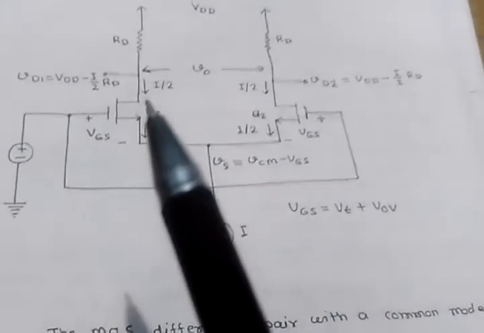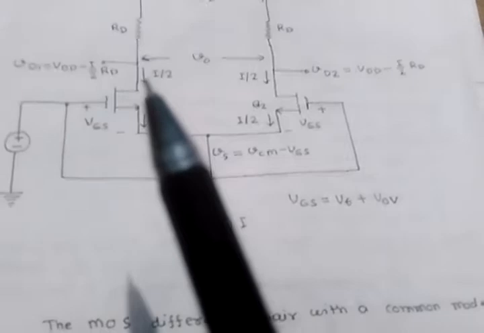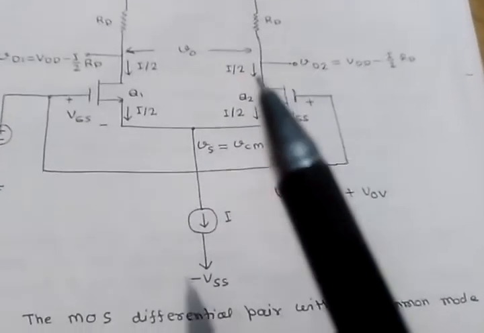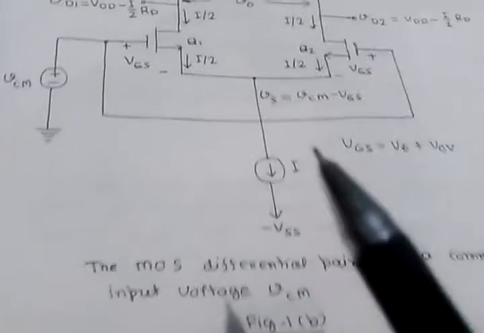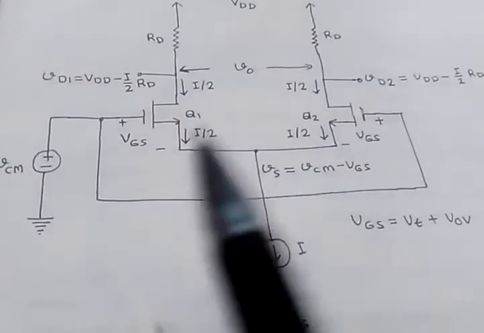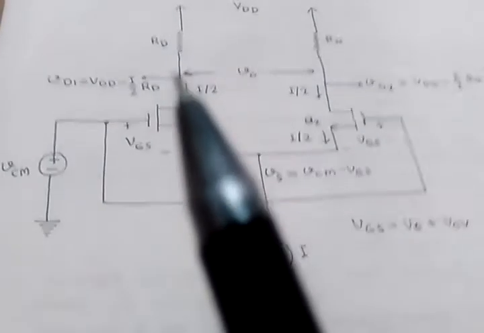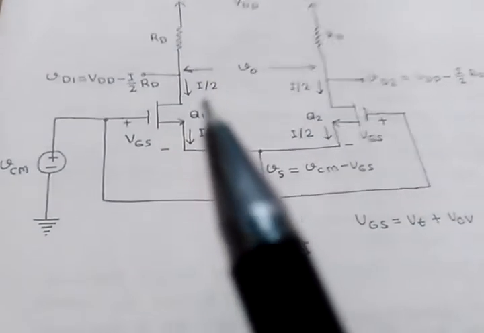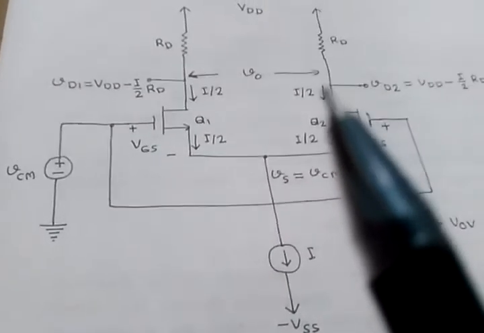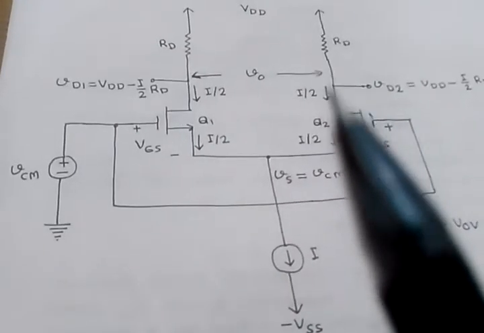So the drain current of Q1 and drain current of Q2 will also be same. It means the current I will be equally divided in Q1 and Q2. Means drain current of Q1 will be I by 2 and drain current of Q2 will also be I by 2.